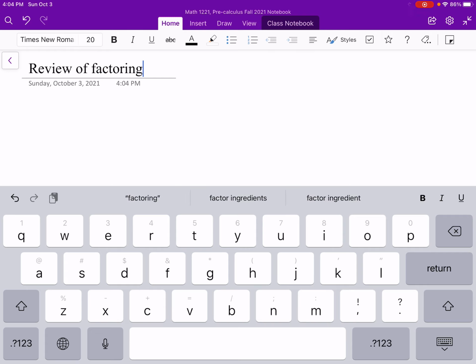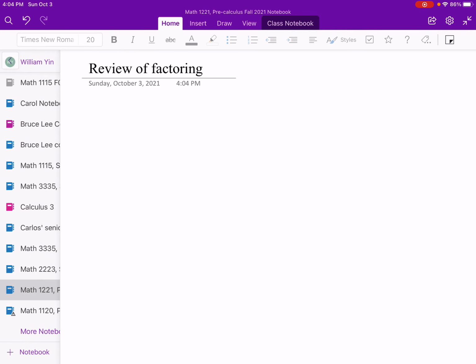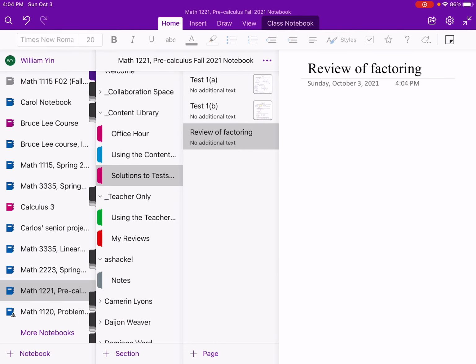All right, I will share it here. You can see it under the content library right here on the OneNote, under the solution to test. You can see that.